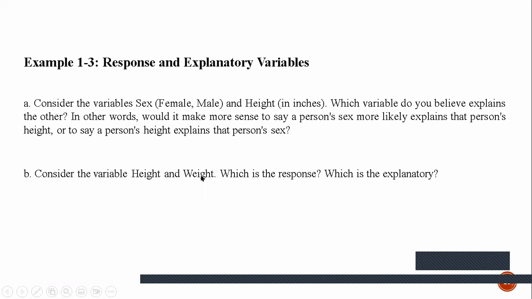And then example 3 from the first lesson, that is response and explanatory variable. Here consider the variables sex, that is female and male, and height, which is measured in inches. Which variable do you believe explains the other? In other words, would it make more sense to say a person's sex more likely explains that person's height, or to say a person's height explains that person's sex?